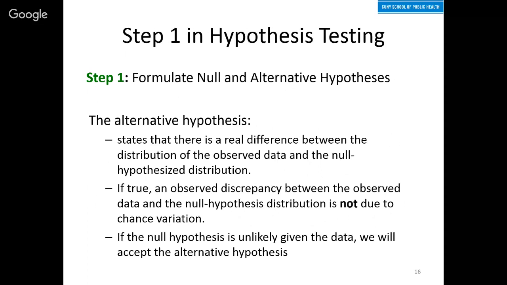This maybe is a little bit vague here, saying the distribution of the observed data, because we're not talking about the actual observed data. We're talking about the population from which it came. So these hypotheses are about the whole population. There are hypotheses that we cannot observe directly. Our data are not the whole population; our data include only a sample of that population.